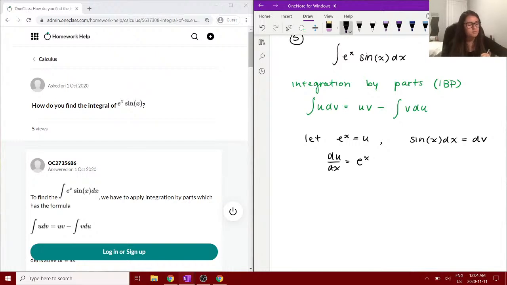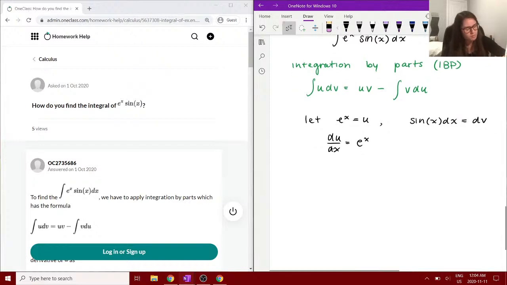So the derivative of the exponential is just itself. What we're going to do here is move the dx to the other side, and you'll see why when we substitute it into the equation for the integral above. So yeah, move that to the other side, and that's ready to use for IBP.